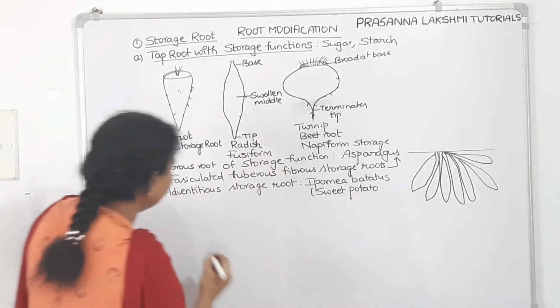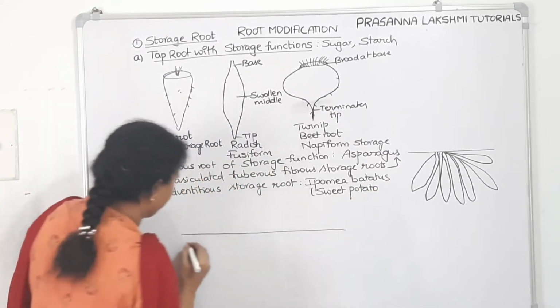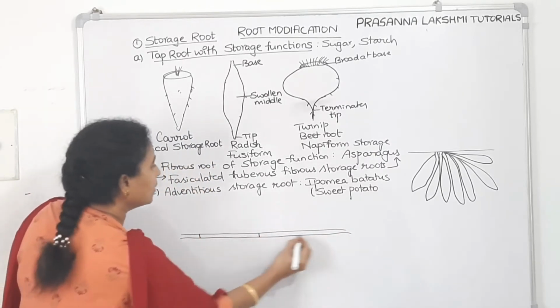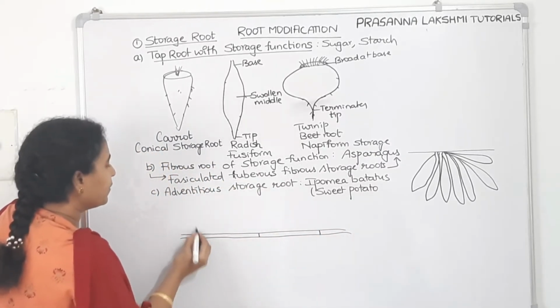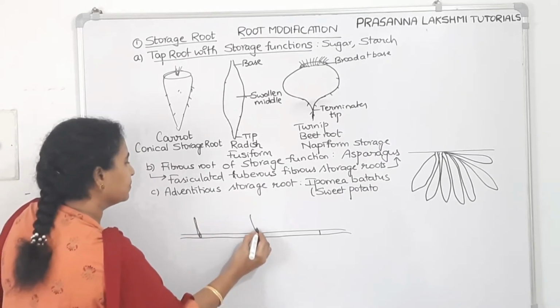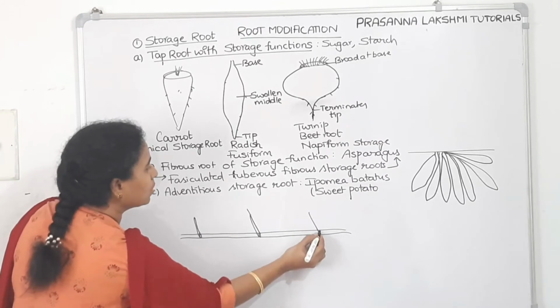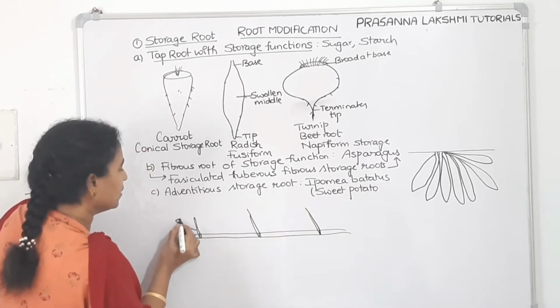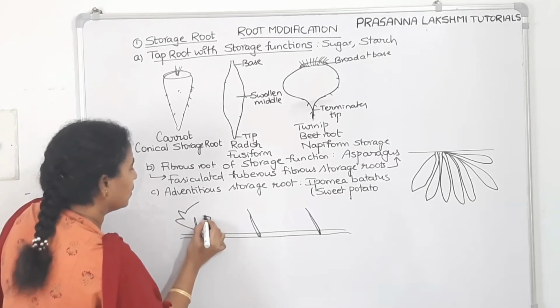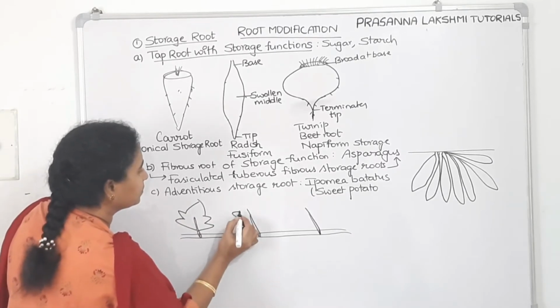In sweet potato, here is the stem, and these are the nodes. At every node, aerially, leaf will come. And from the node bottom, so here is the leaf of sweet potato.